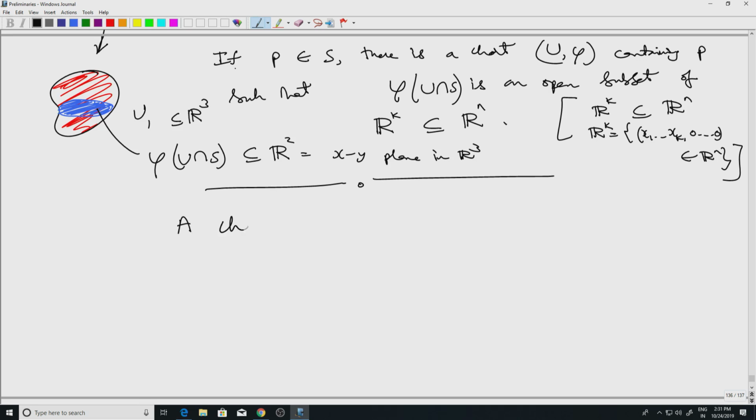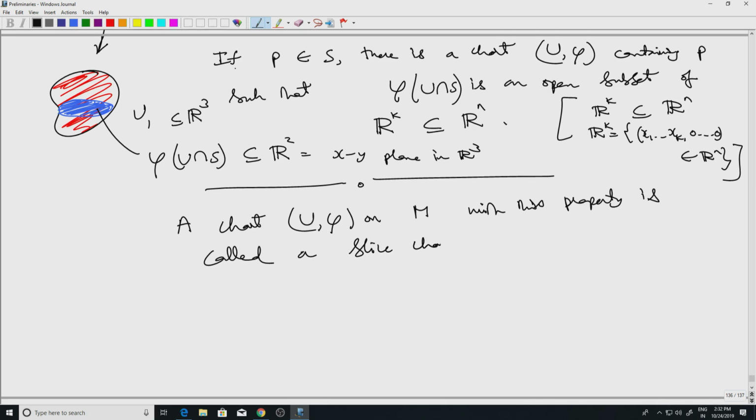A chart (U, phi) on M with this property, this property meaning, of course, that phi of U intersection S is an open subset of R^k, is called a slice chart for S.